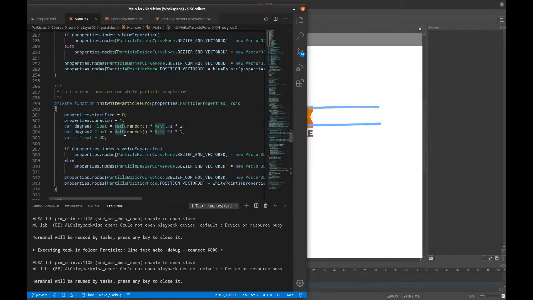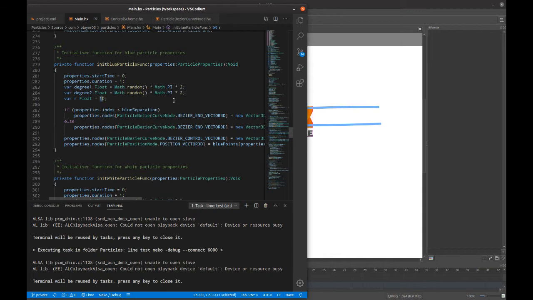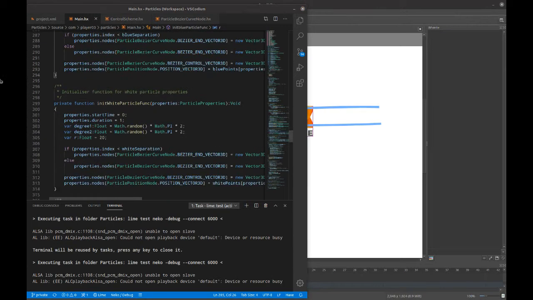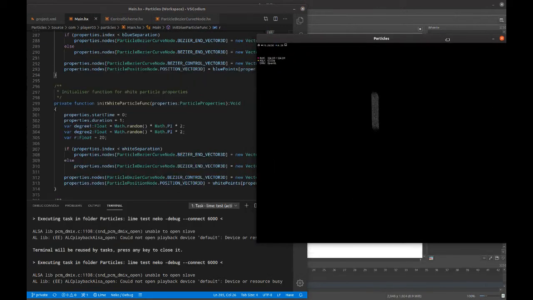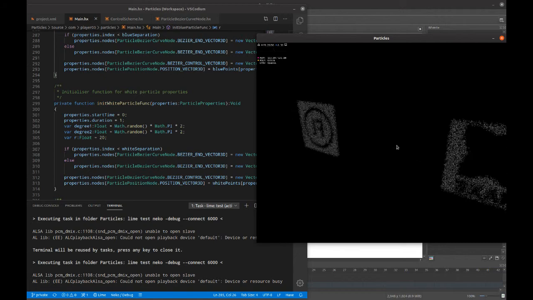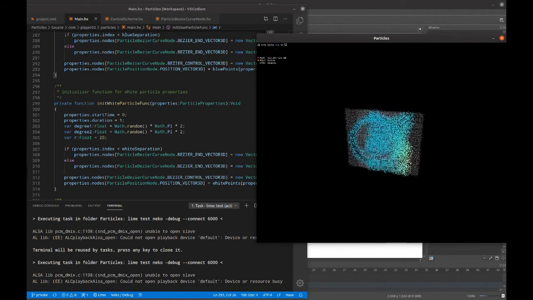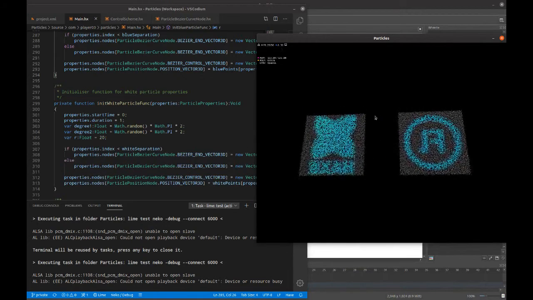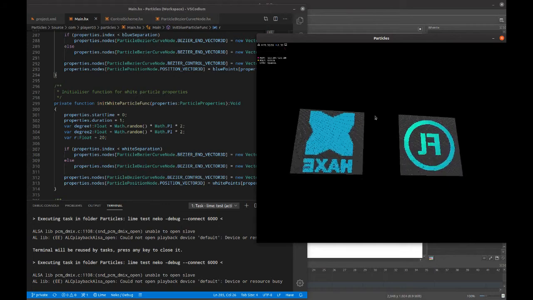I'm going to make the blue ones even more random. So the white ones are less random, the blue ones are more random, and try and make this more visible. So their starting position is kind of random. Which is weird.